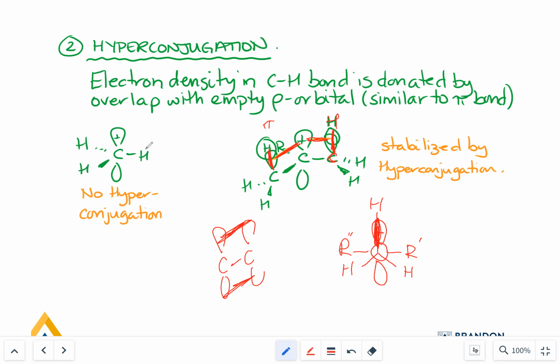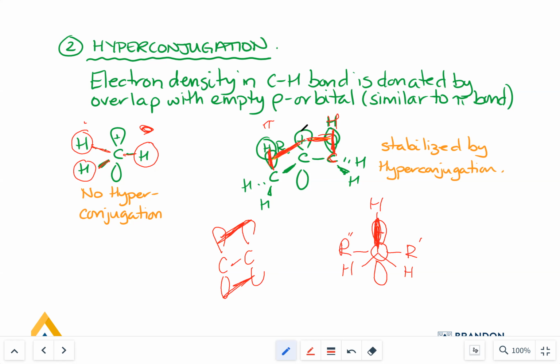If you've got a methyl, you notice that when you've got little protons here, there is no electron density up here, because they can't form any more bonds. So there's no electron density above to stabilize through space like this.